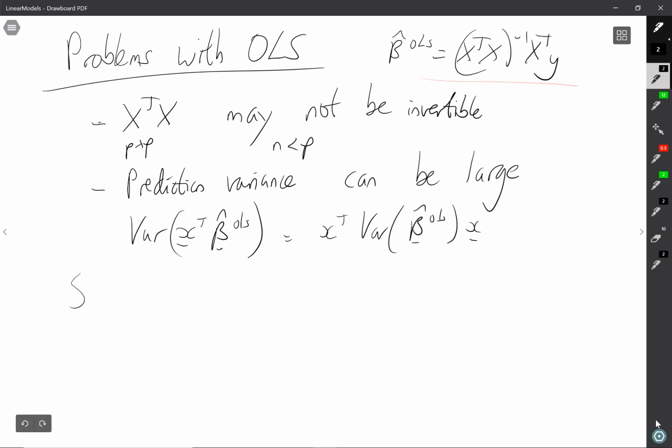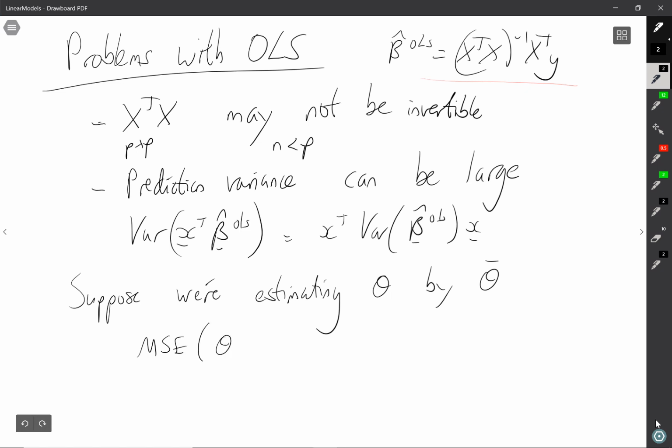So let's suppose we're estimating theta by theta bar. Okay. Then you've probably seen this formula before, but we can write the mean squared error of the estimator theta bar as the variance of theta bar plus the bias of theta bar squared.